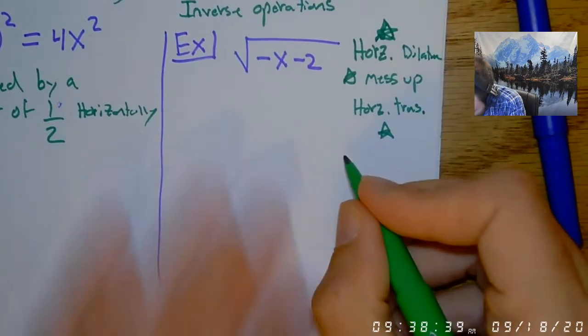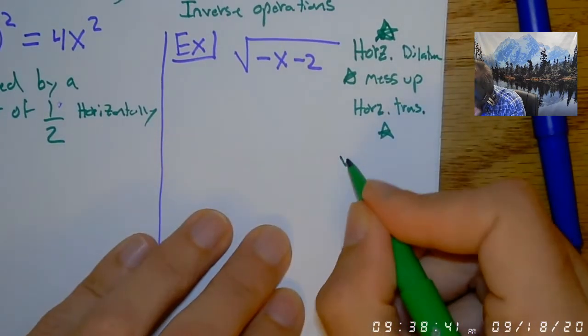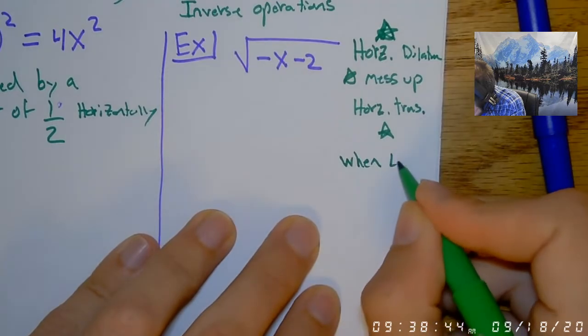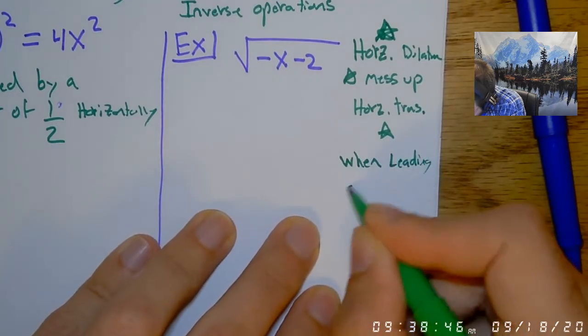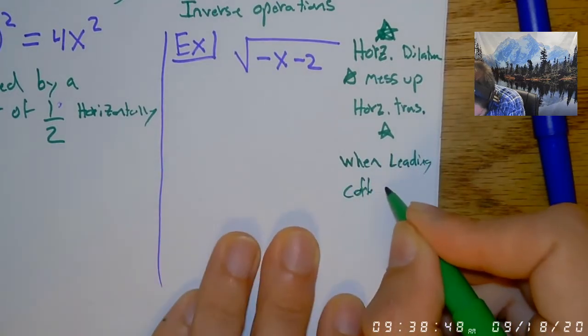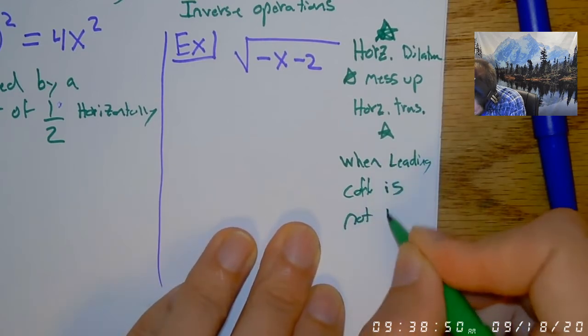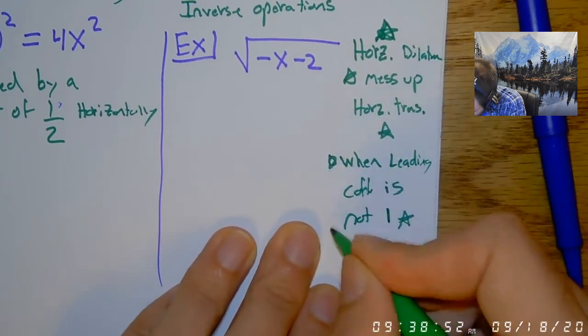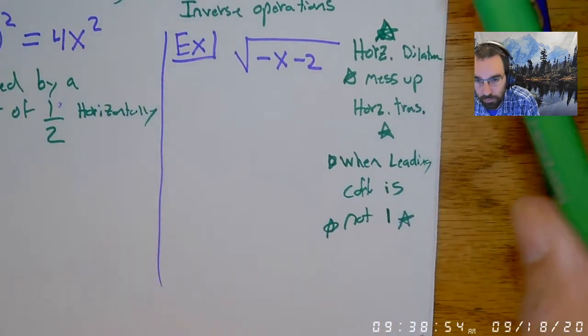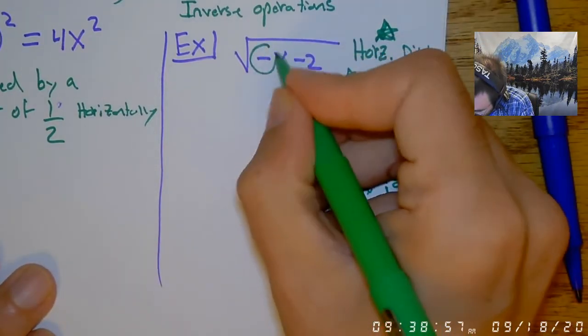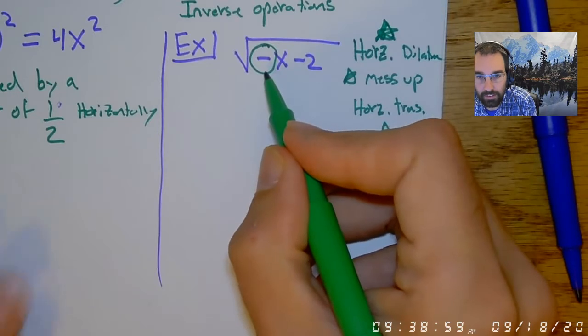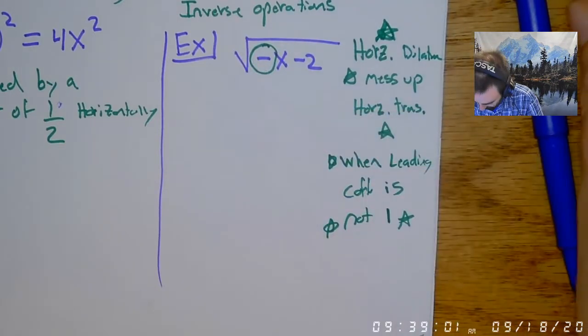Okay, so looking at here, when does it affect? When the leading coefficient is not 1. Do you see how the leading coefficient is -1?